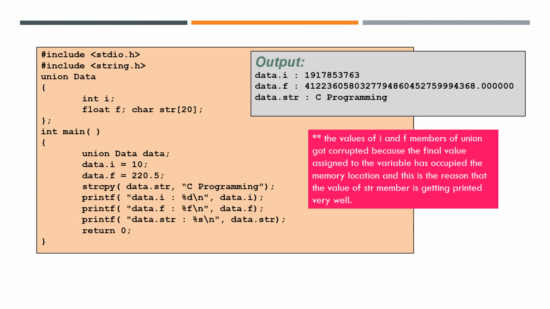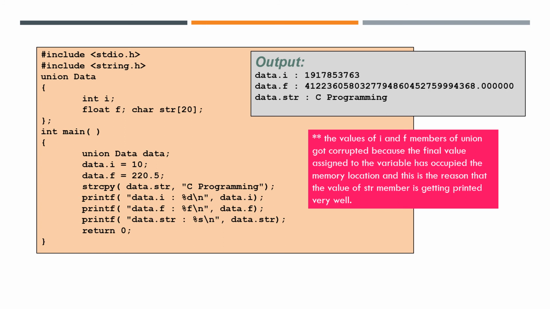Next, let's say data is declared as a data union, and then data.i is 10, data.f is 220.5, and then strcpy C programming into data.str.